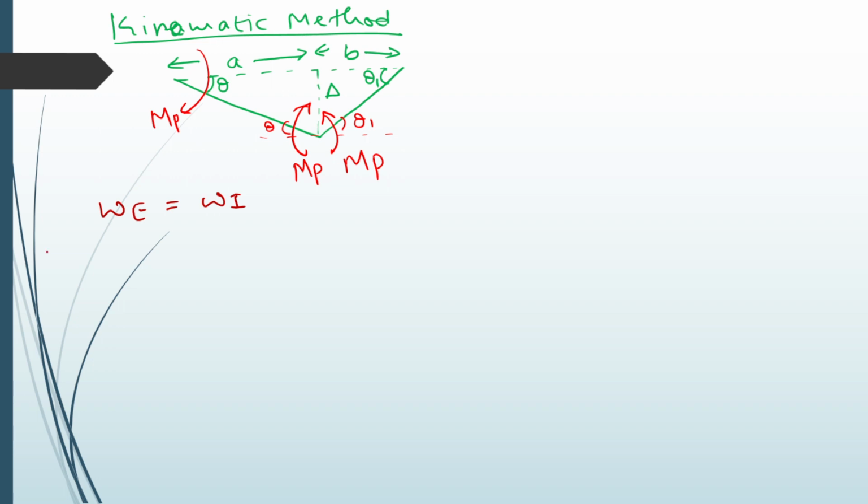Stiffness means the load required to produce unit displacement; similarly, the moment is required to produce unit rotation. We equate external and internal work done to get the load for this particular problem.